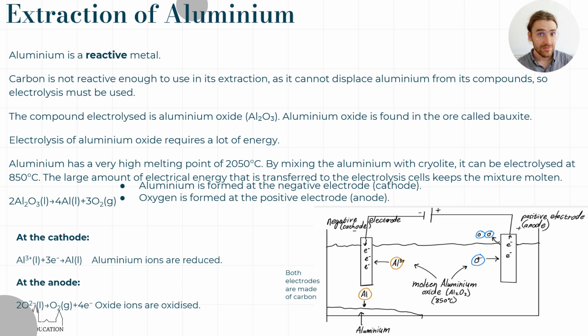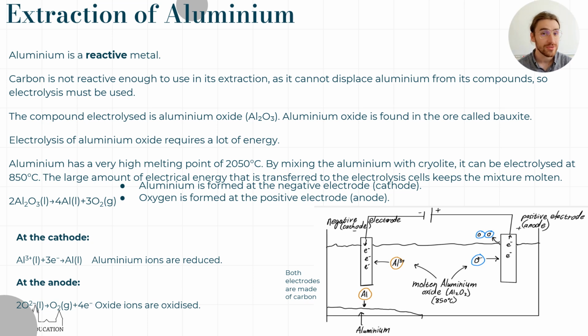Now the other ion, the oxygen ion, is going to be attracted to the anode, and this is where oxidation at the anode, AnOx, is going to happen. So oxidation of oxygen, it's going to give up those 2 electrons to the anode, and that's then going to go back into the cell, whereas the aluminium is being reduced.